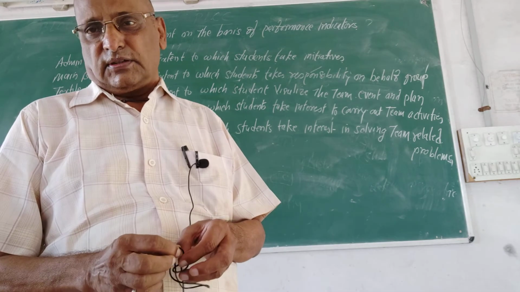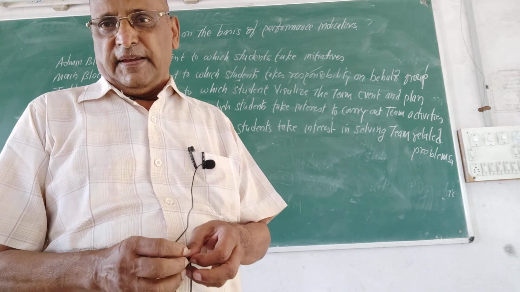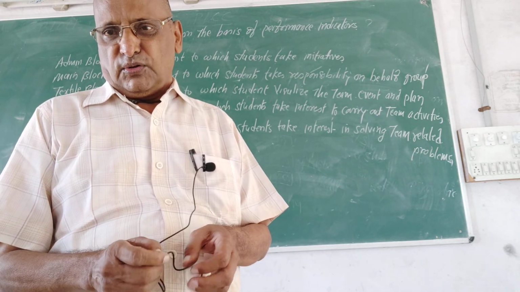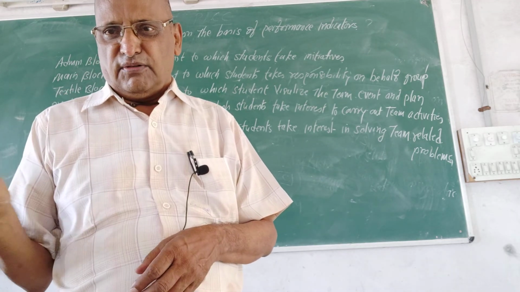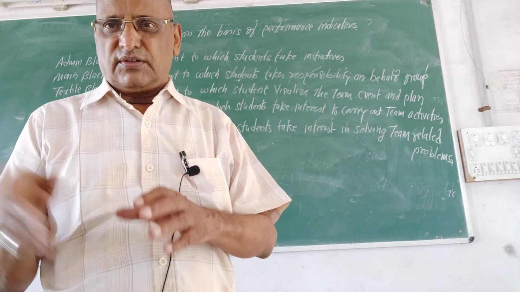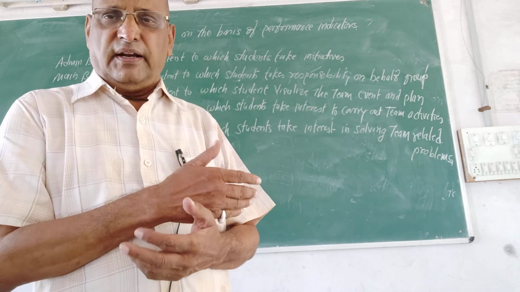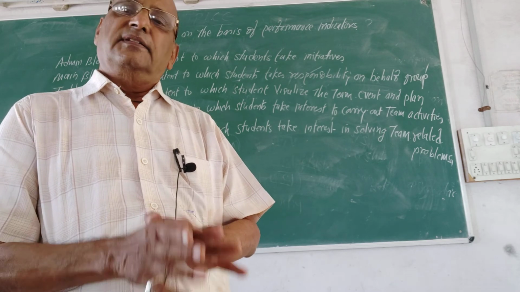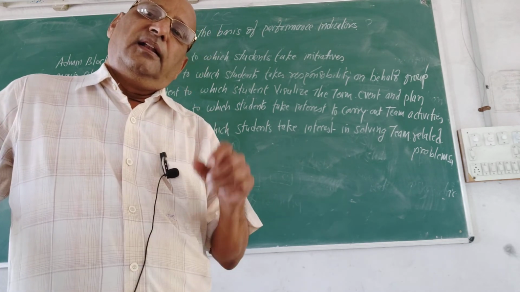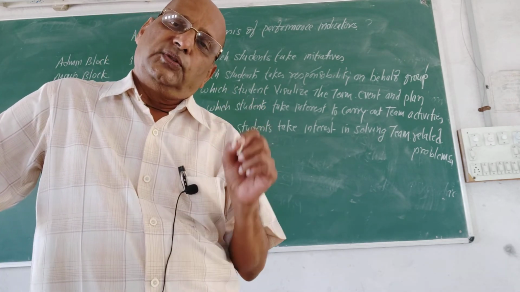So for today, whatever information I have given you according to these 5 points given in your syllabus, according to that you manage the activity; that is the final chalk-out program for you.